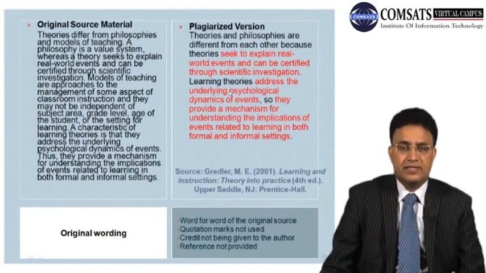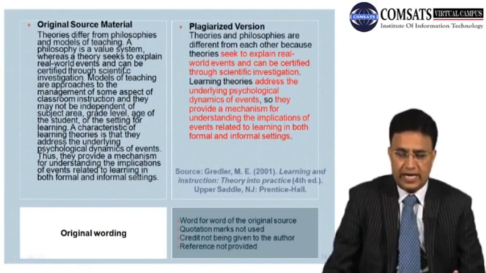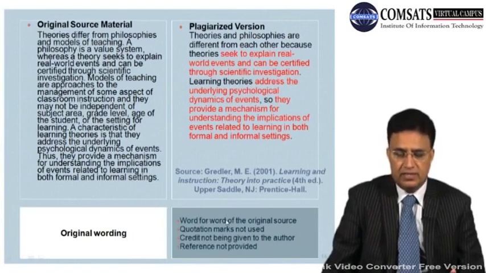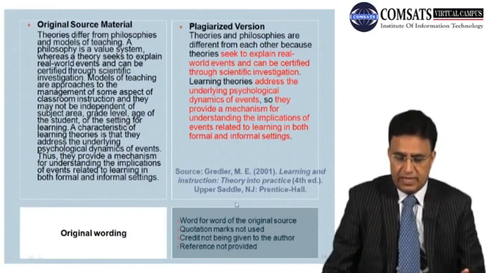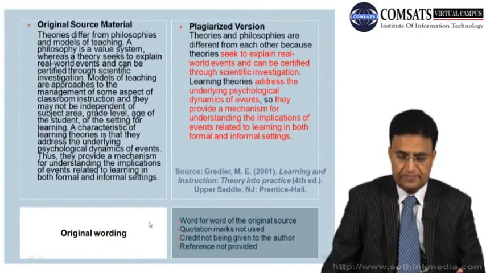So that is, with a few words added, otherwise it is word for word of the original source, quotation marks are not used, credit not being given because it is not mentioned from where it is taken, and the reference is not provided. So that is another type of plagiarism.